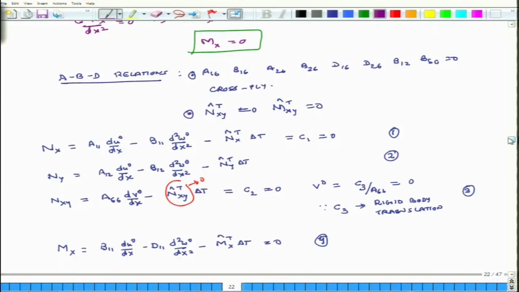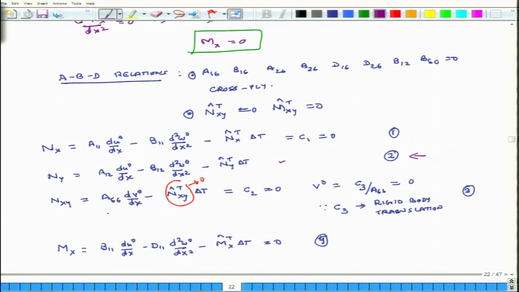What we had done in the last class was that we stated that Nx equals A11 du naught over dx minus B11 d2 w over dx square minus Nxt hat times delta T equals C1. Similarly, we also developed an expression for Ny and Nxy.